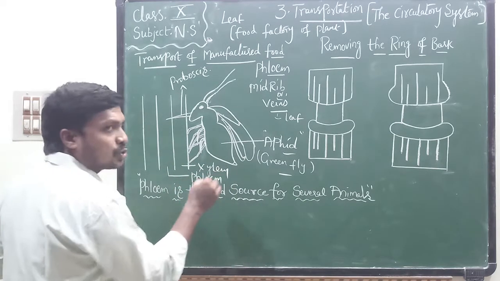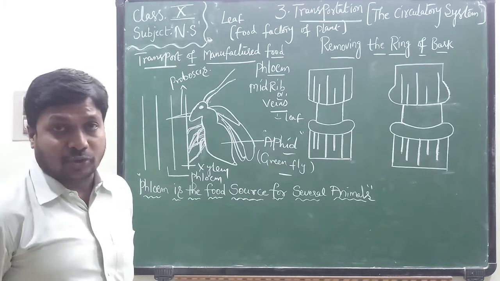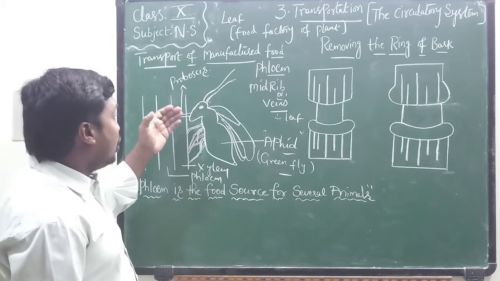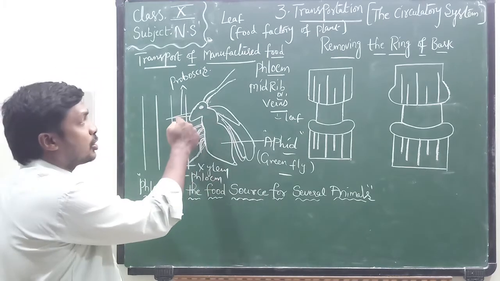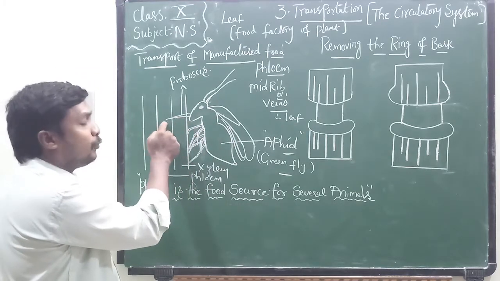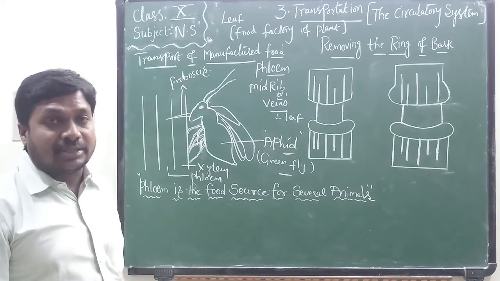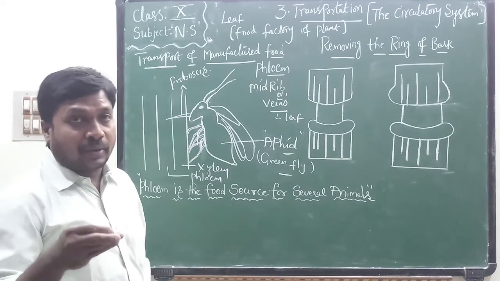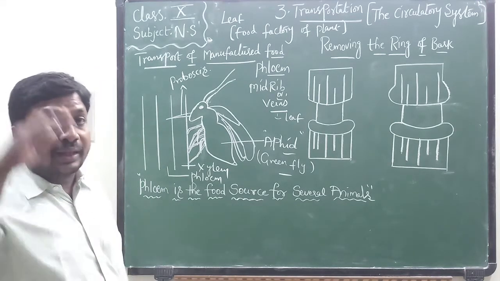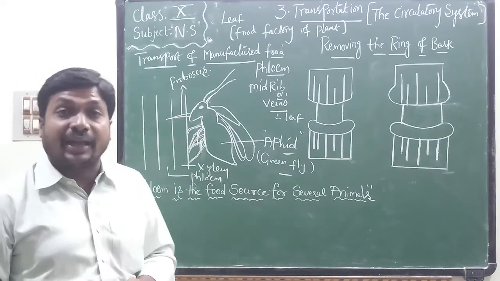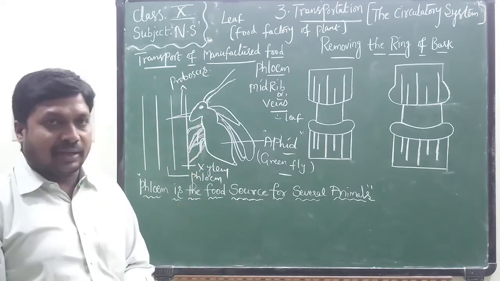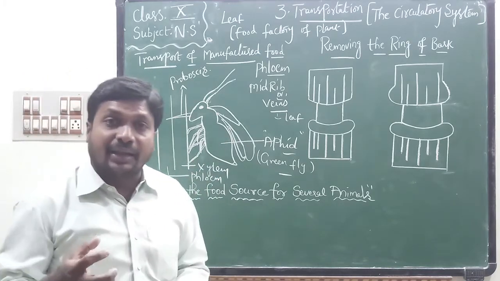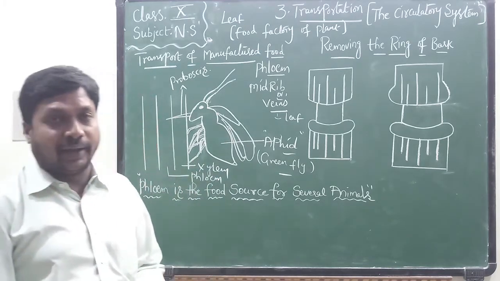Both together are called vascular bundle or vascular tissue. To prove this concept, biologists or scientists kill the insect aphid at the time of feeding.